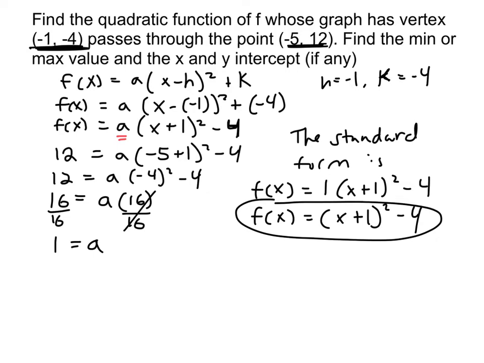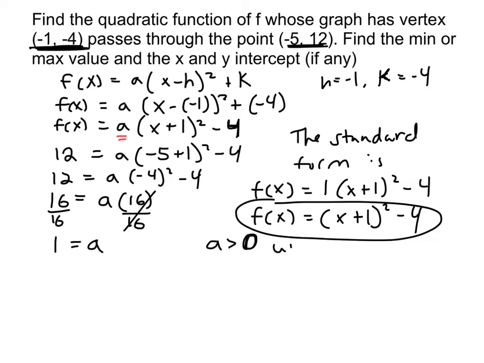So there it is. The next part of the question is to find the min or max value. This function is going to open upwards because a is positive, so a is greater than 0.